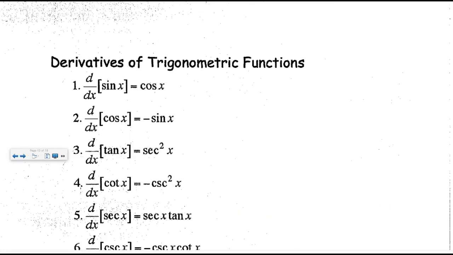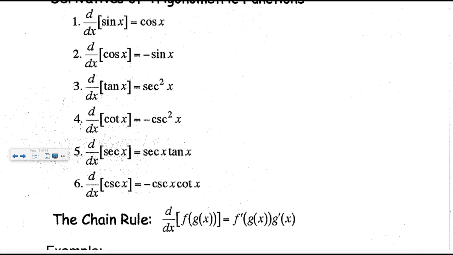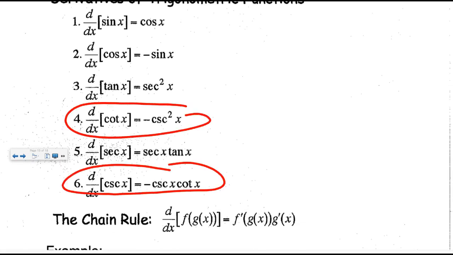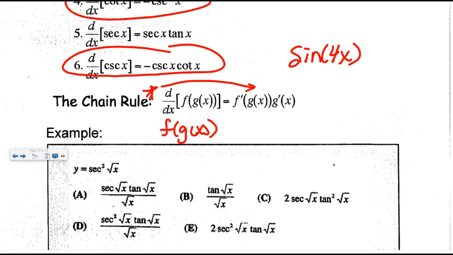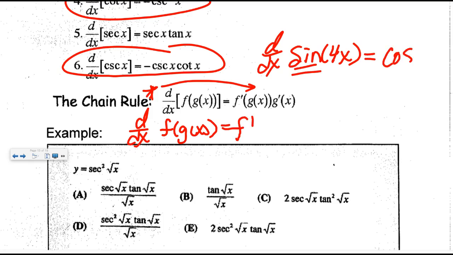Derivative of our trig functions, awesome. You should have those memorized. These two generally are not on the AP exam. I really do want to stress the chain rule's formal notation. So remember, when we're taking a function of another function, like sine of 4x, and we are taking its derivative, really what we do is the derivative of the outside function, that's what f prime of is saying, so this would be cosine of.